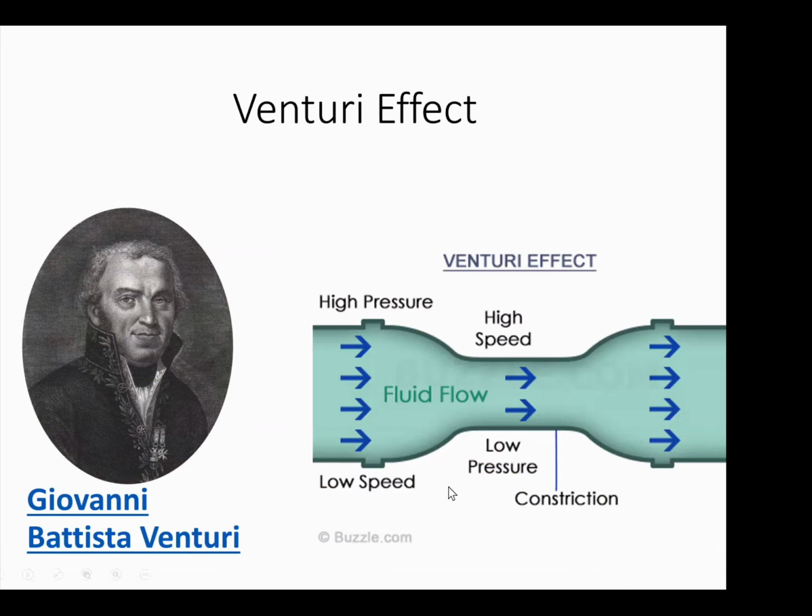What is the Venturi effect? When the area decreases, the fluid is flowing. Suppose this is the RV, this is the PA, and this is the pulmonary valve. Here is the constriction in the pulmonary valve. We are putting our catheter here.